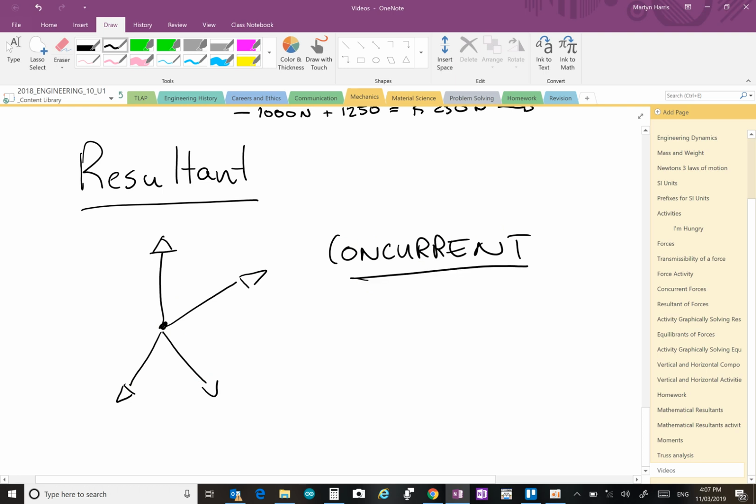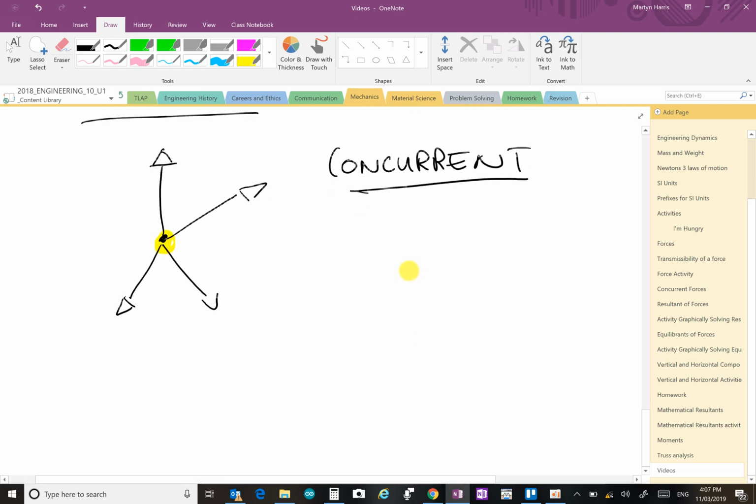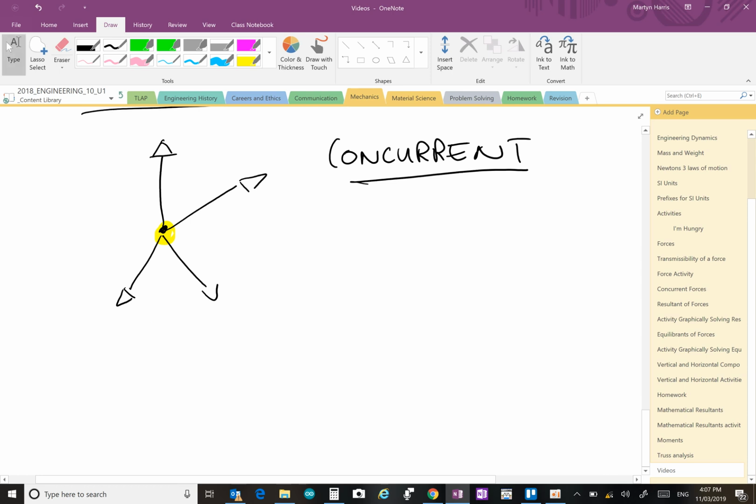Okay, so what is a concurrent force system? Well, a concurrent force system is when it's all acting around a single point, or there's a single point involved where all the forces intersect. And this enables us to use other methods to find out what the resultant of these concurrent force systems are.